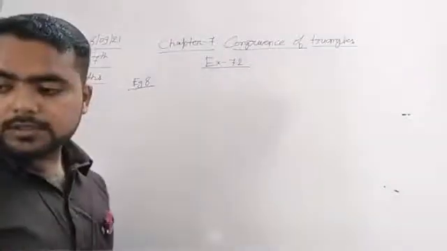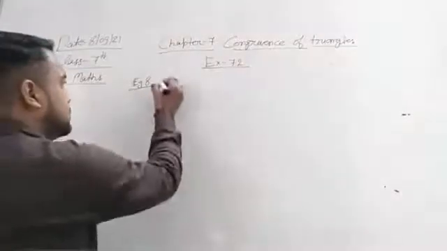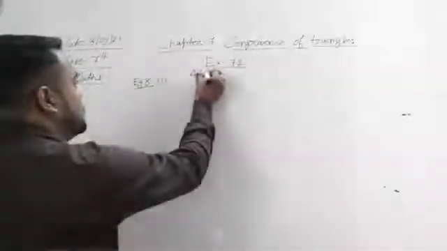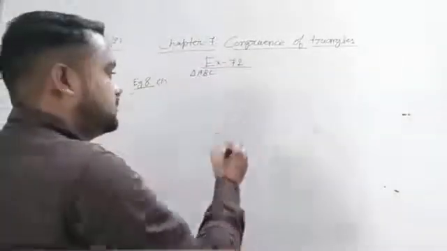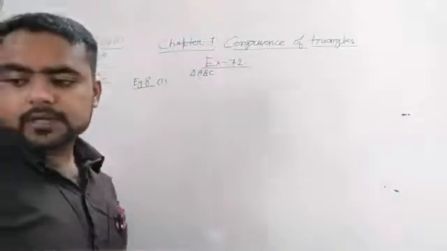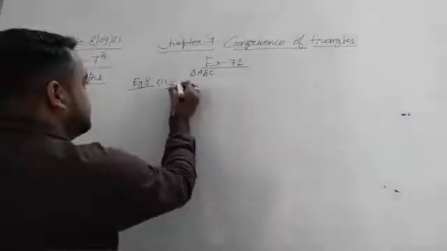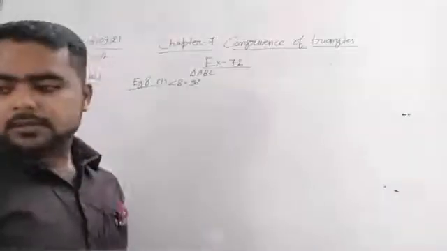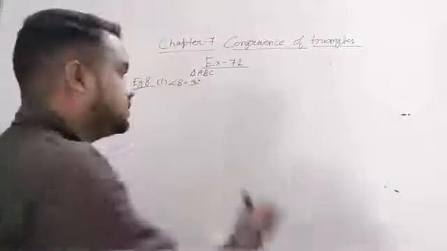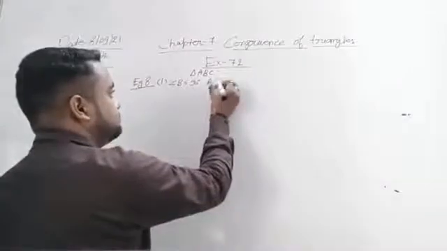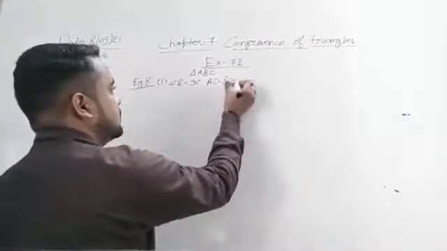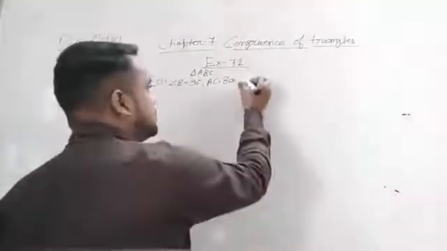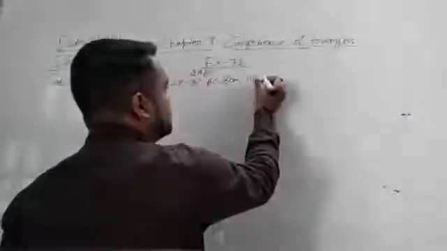So the first measurement is of triangle ABC. The measurements are angle B equals to 90 degree, AC equals to 8 centimeter, and AB equals to 3 centimeter.